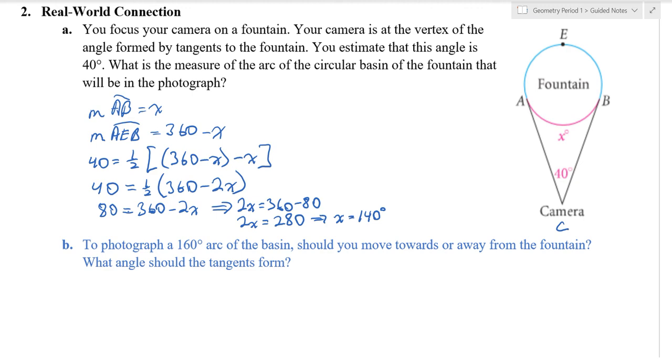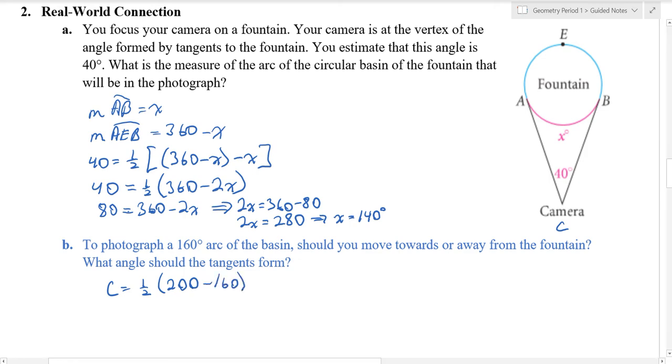So this is a case 2. So we can say that C equals 1/2 times 200 minus 160.